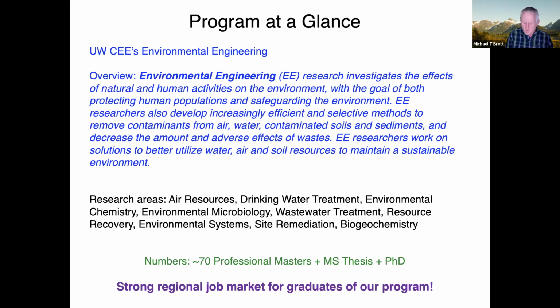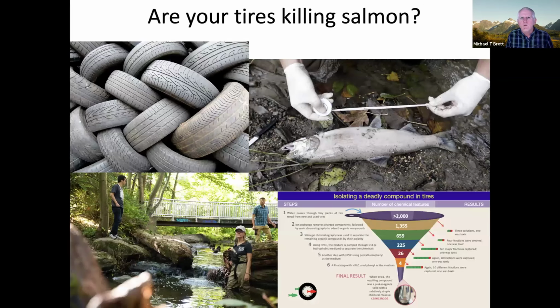One of the studies that's a real high profile study from our group that got really international coverage was a study that detected a very toxic compound in tire leachate that was extremely toxic for salmon that migrate up into streams.